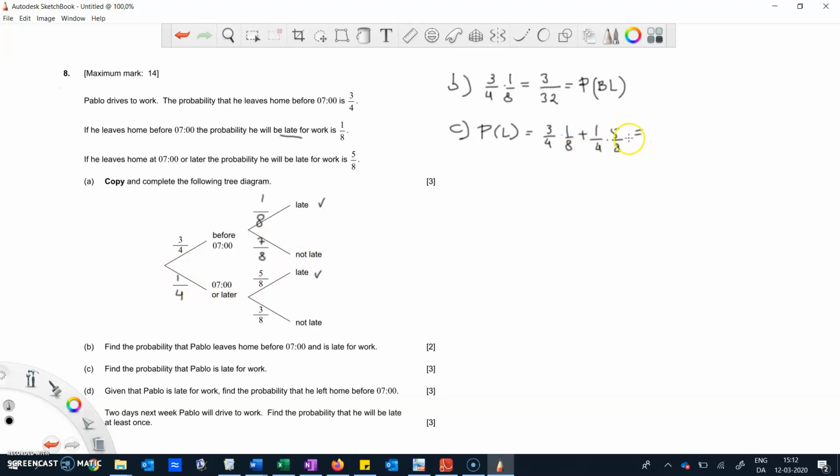So this will give me a total of 8 over 32. 8 over 32 is 1 over 4.